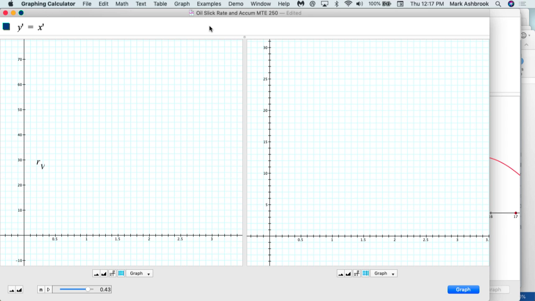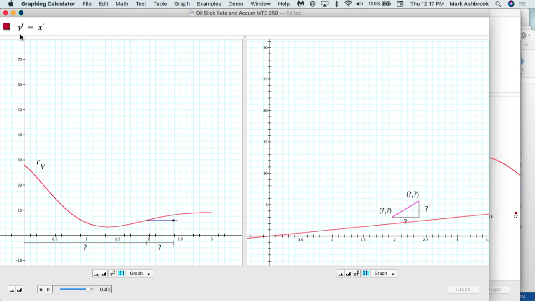This is not Y prime and X prime. This is GC's convention for graphing in a second screen. So if I do that, it will graph the line Y equals X on the right-hand screen. Don't do that in your project, right?